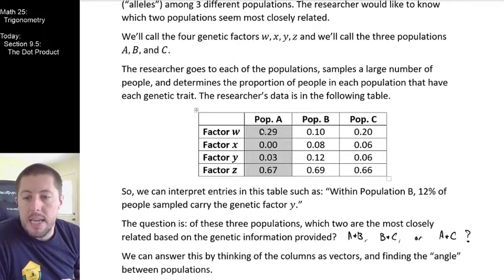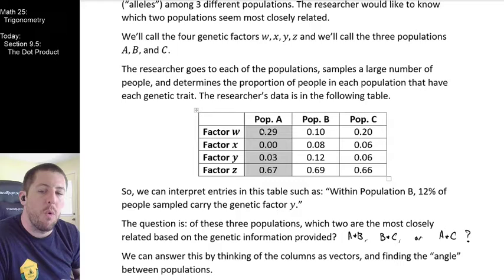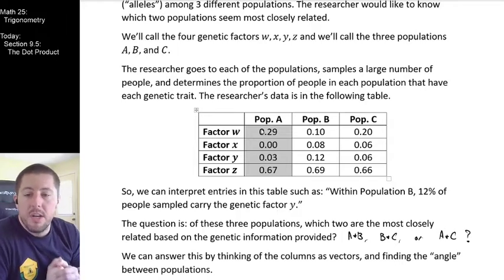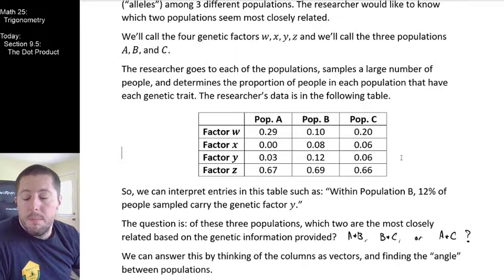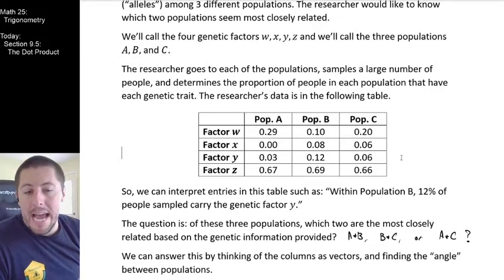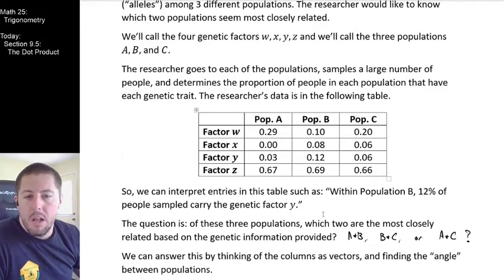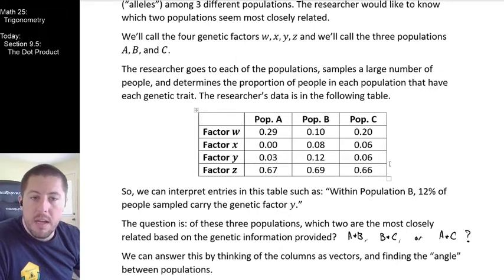All of the populations can have measured each of these four features. And so maybe this is a good way for us to compare these things, right? Each of these three columns seems like a vector with four components, and then I can do the math to determine what is the angle between column A and column B? What is the angle between column B and column C? What is the angle between column A and column C?